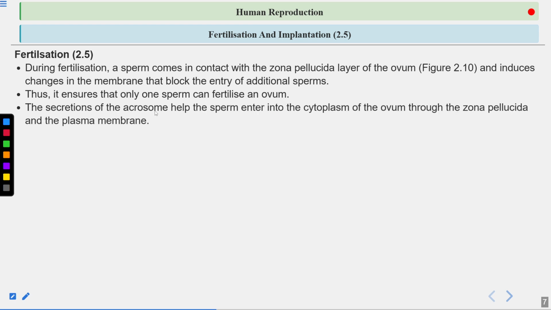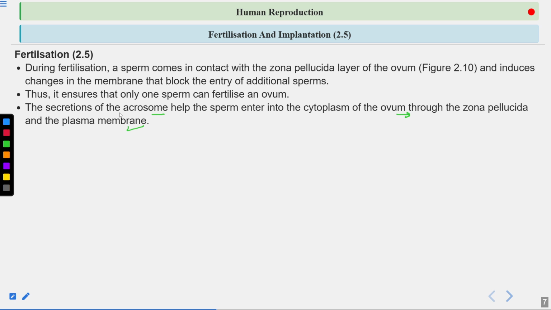Now the secretions of the acrosome help the sperm enter the cytoplasm of the ovum through the zona pellucida and the plasma membrane. So we know what the acrosome was. The acrosome is present at the anterior end of the head, and it consists of enzymes like hyaluronidase and necrosin.